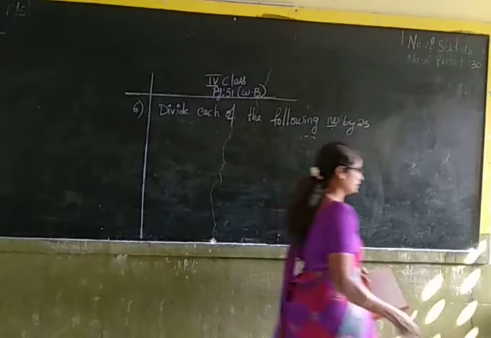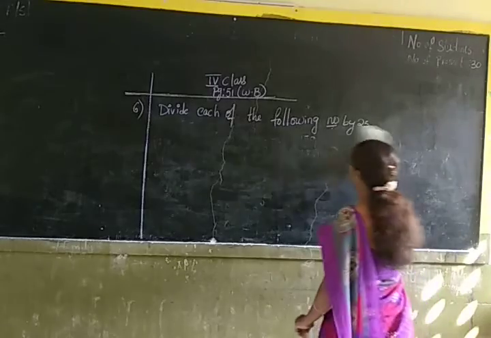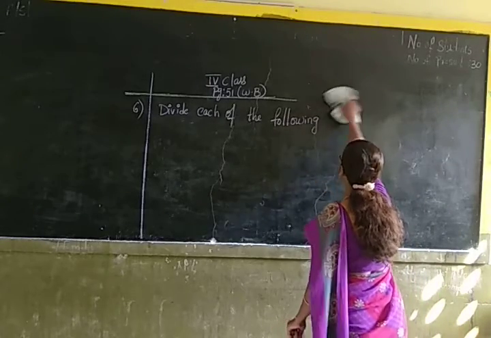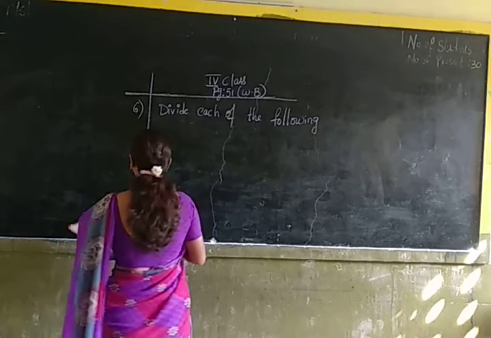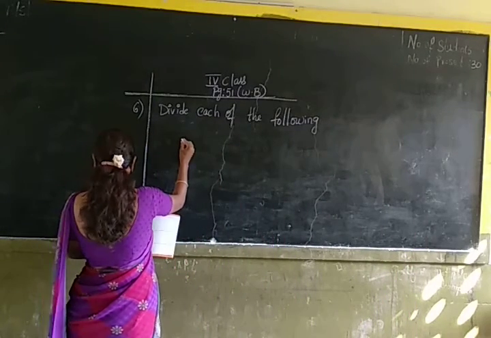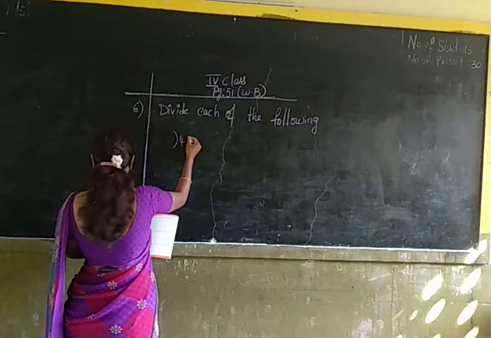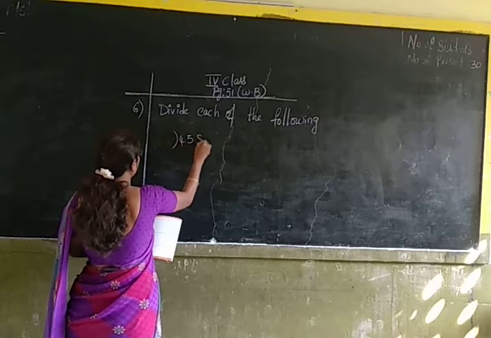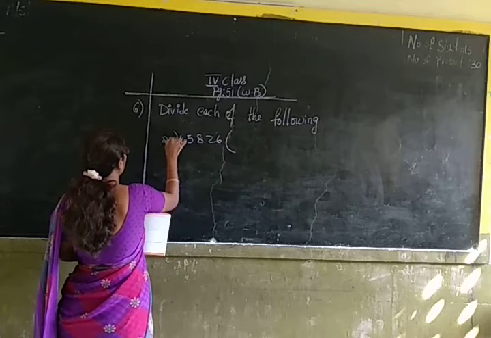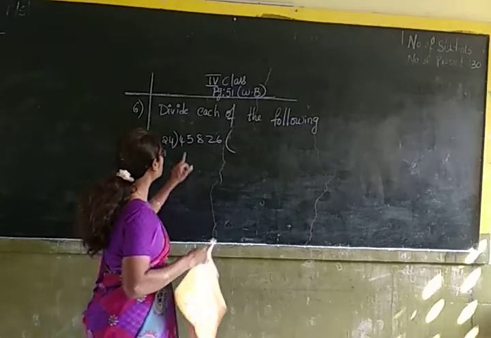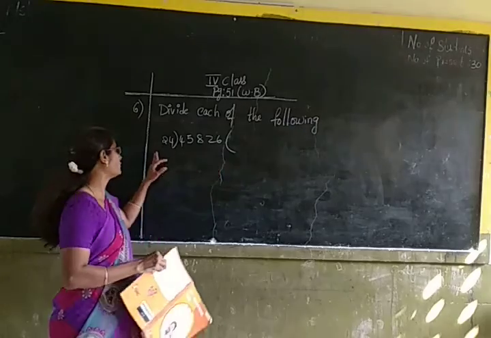Sixth question is divide the following. Let us do the A sum. 45,826 divided by 24. We have to divide 45,826 by 24.